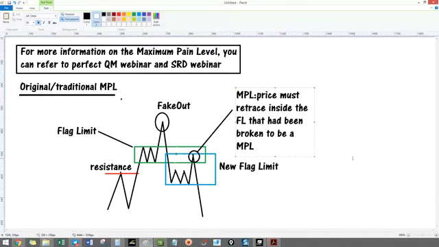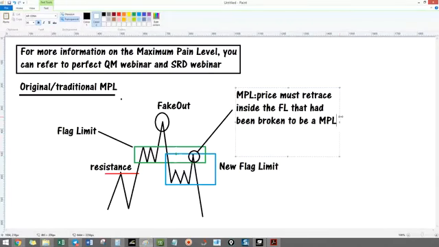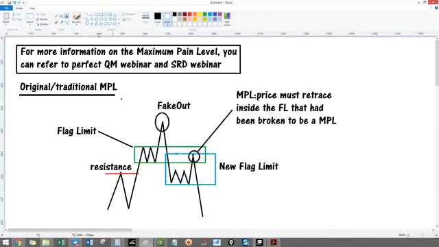If it does not retrace inside the flat limit, it will only become a normal FTR. Okay, this is the MPL.